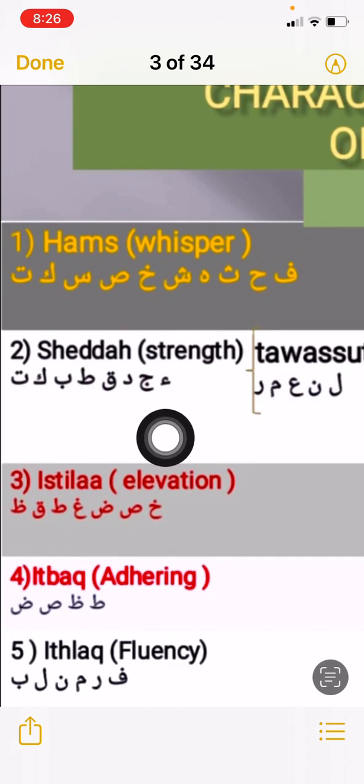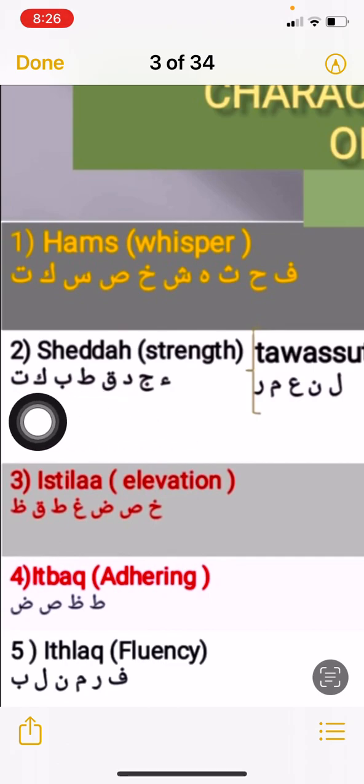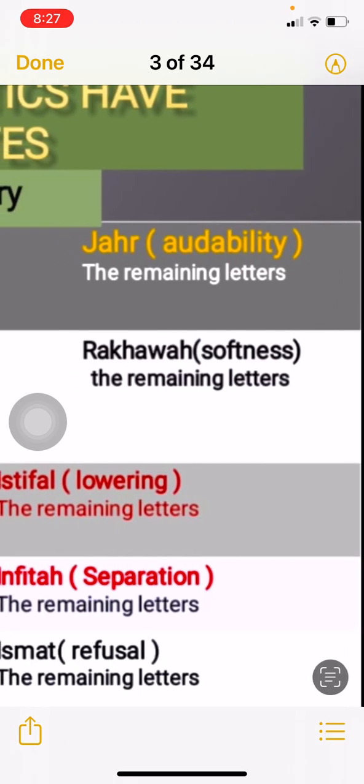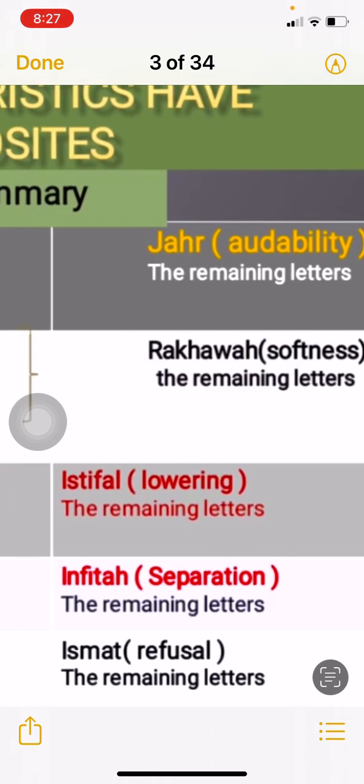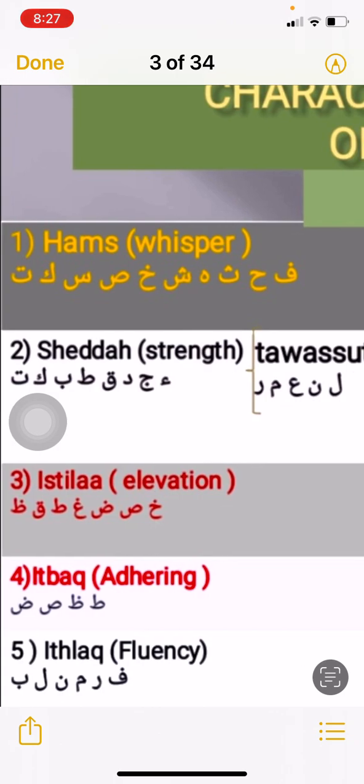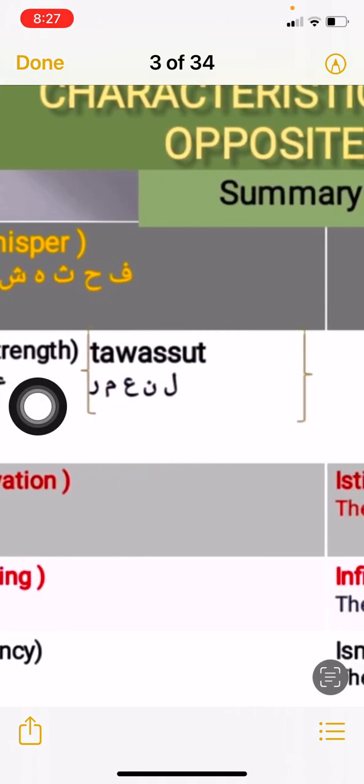It's present with the letters أجد قطك بكت, and it means the imprisonment of the running of the sound when pronouncing a letter. رخاوة or softness means the running of the sound, so its time is more than the letters of shidda, and it has all the rest of the letters after excluding the letters of shidda and of tawassut.